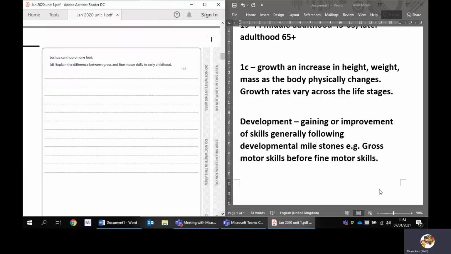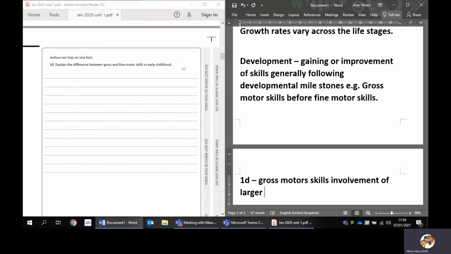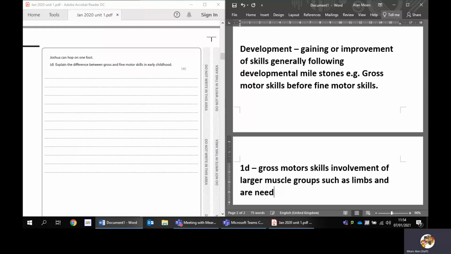Okay, so let's move on to 1D. It is explain the difference between gross and fine motor skills. Well, we've kind of already touched on that. So gross motor skills involve the movement of larger muscle groups, such as limbs, and are needed for walking, jumping, running.